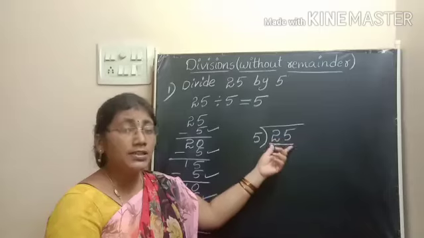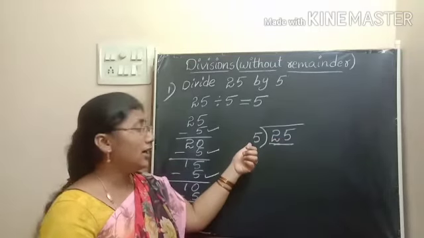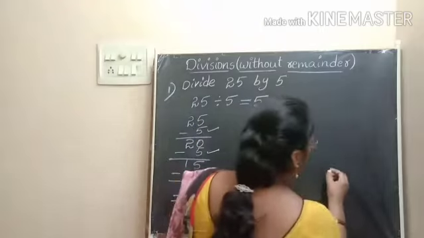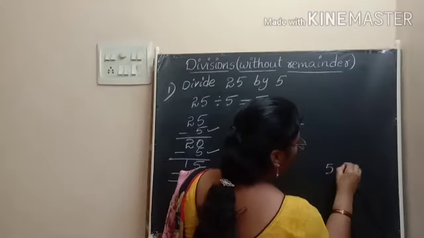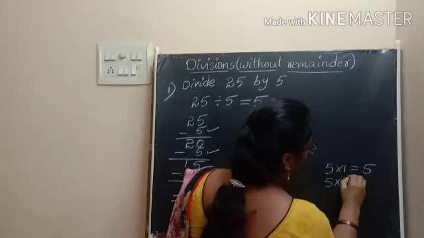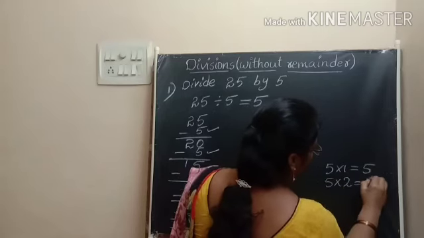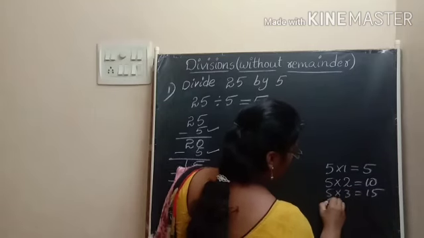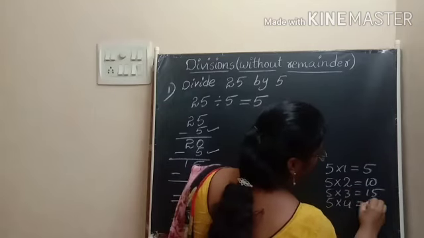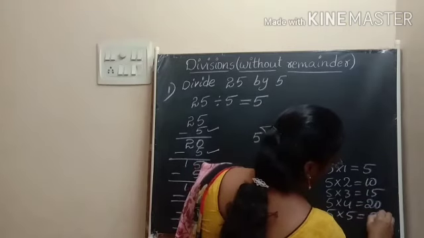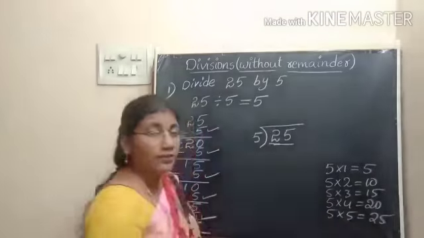To get 25, we should use the 5 table. In the 5 table, where do we get 25? Look here, 5 ones are 5, 5 twos are 10, 5 threes are 15, 5 fours are 20, 5 fives are 25.